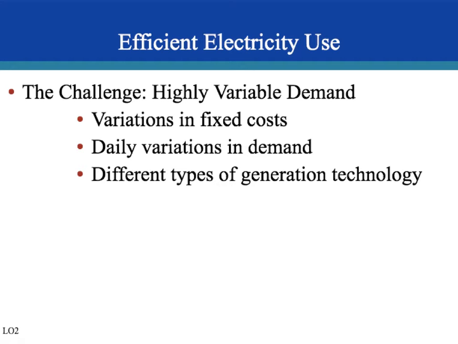So one solution is that electric companies will utilize different types of generation technology. They would use some coal, some natural gas, some nuclear, some renewable, etc. And this allows them, for example, to build a natural gas generator to supply excess energy once the original plant is at full capacity.